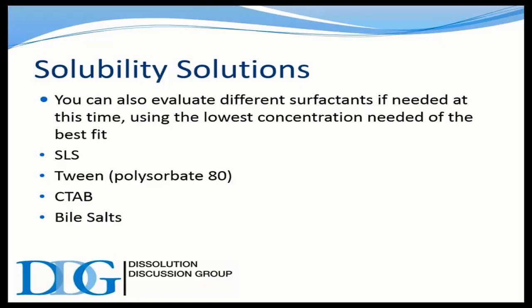Okay, so the solutions to solubility issues. Once we determine that we have a poorly soluble drug, according to BCS, it falls into a 2 and a 4. And you got to remember, there are some drugs that fall into the poorly soluble category because they failed one of those pH where it wasn't soluble.